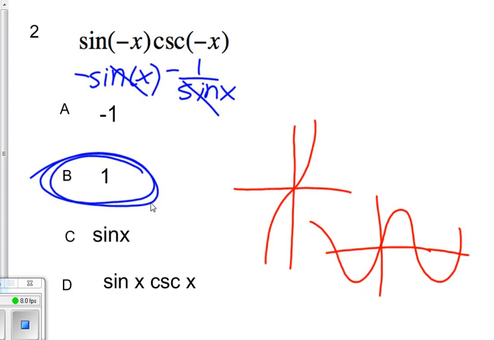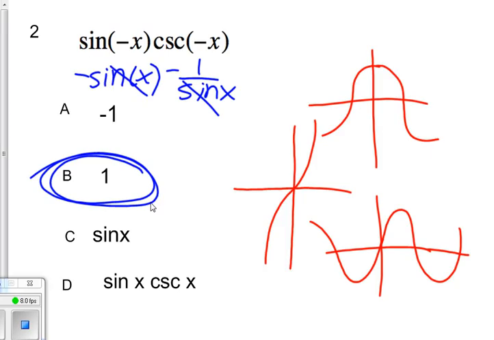If you rotate it, symmetrical around the origin. That's why they're odd and even. And even functions are symmetrical around the y-axis.